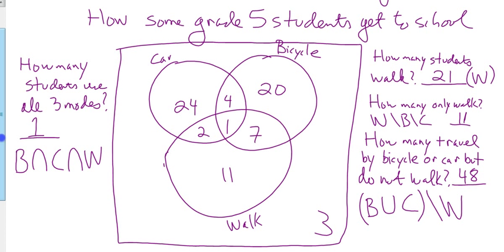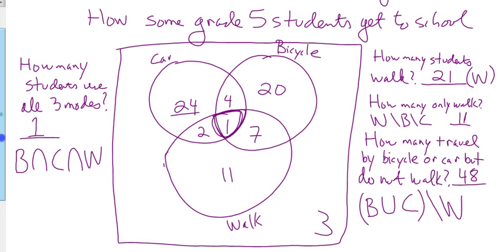B intersect C intersect W, the intersection of all three, which occurs only in this one spot here.